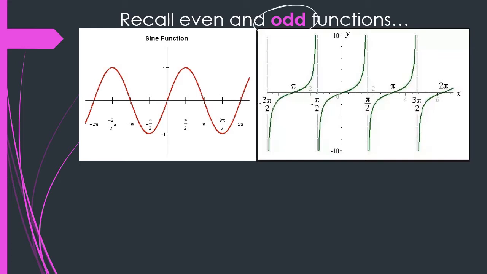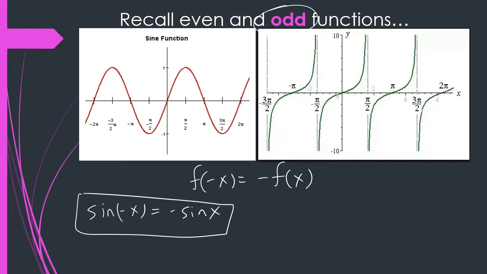And if we go back to the first unit, for a function to be odd, that means f of negative x has to equal negative f of x, which means for sine, sine of negative x equals negative sine x.